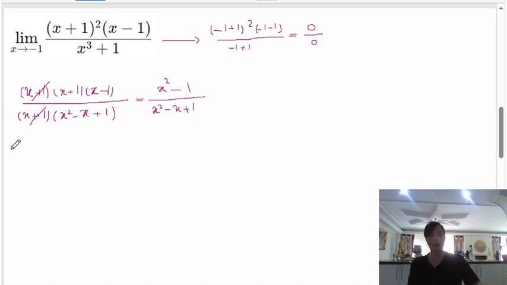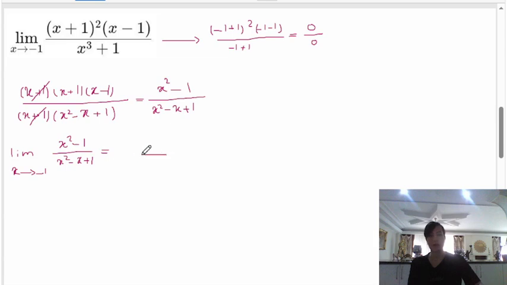Now I find the limit as x approaches -1 of this expression, which is x squared minus 1 over x squared minus x plus 1.